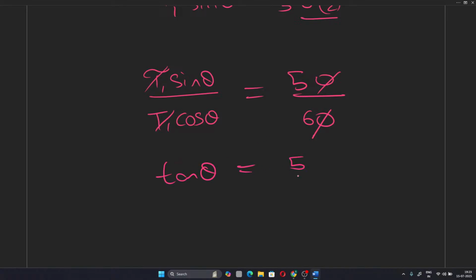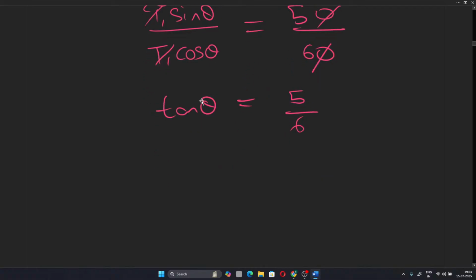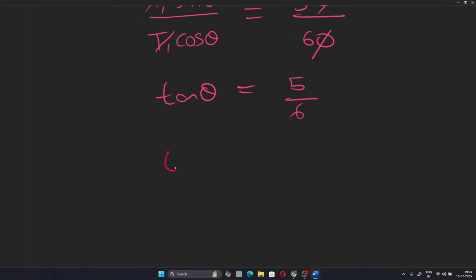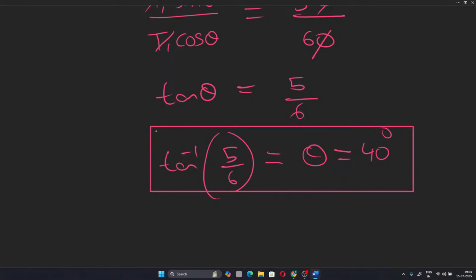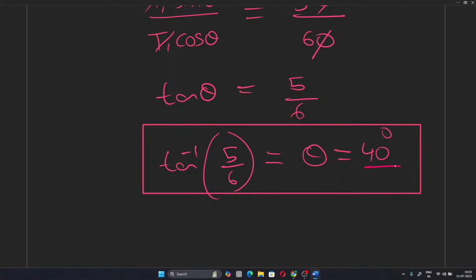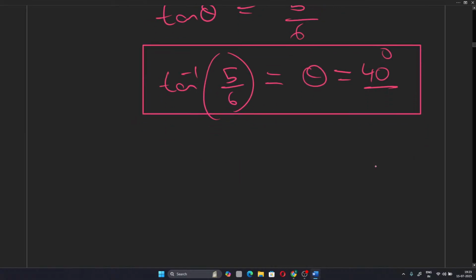Tan theta equals 5 by 6. And tan inverse of 5 by 6, the angle should be theta, which is a fixed value, which is 40 degrees approximately. This is not what we found out, but it is basically a fixed value. That is how they got theta equals 40 degrees.